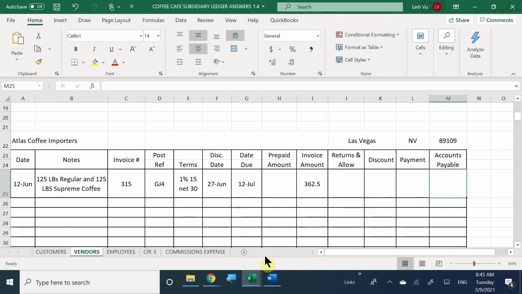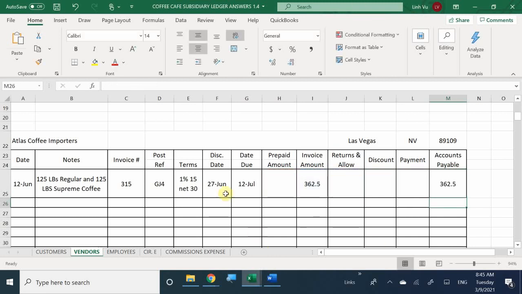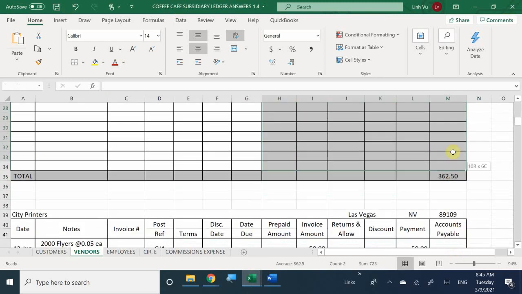Again, the formula is your invoice minus your prepaid, minus any returns, minus any discounts, minus any payments. So therefore, I owe in grand total to Atlas Coffee $362.50.